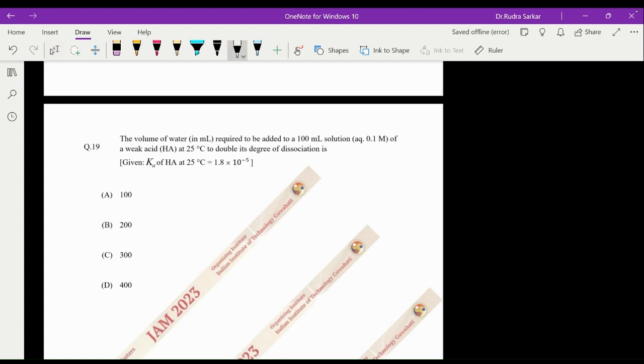So we know alpha, the degree of dissociation, is the square root of Ka by C. So when the degree of dissociation is double, we will say it is the square root of Ka by C prime. Or we can say alpha square equals Ka by C, and 4 alpha square equals Ka by C prime.